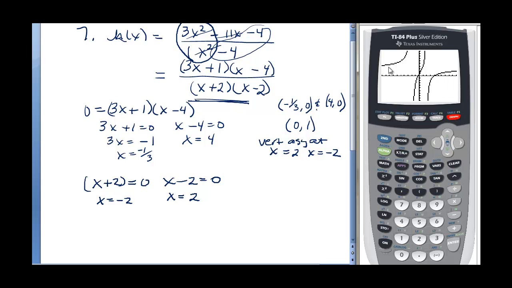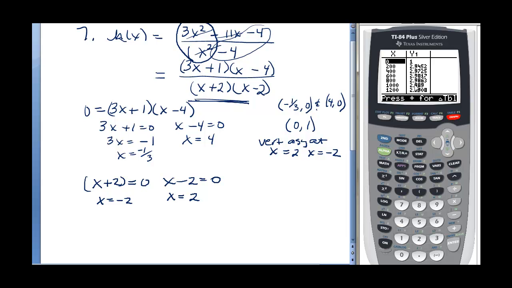Here, if we say, what about a horizontal asymptote? Let's look at our table. Maybe go to table setup and start at 1, but let's go up pretty quickly, by increments of 200, and look at the table and see what it's doing.